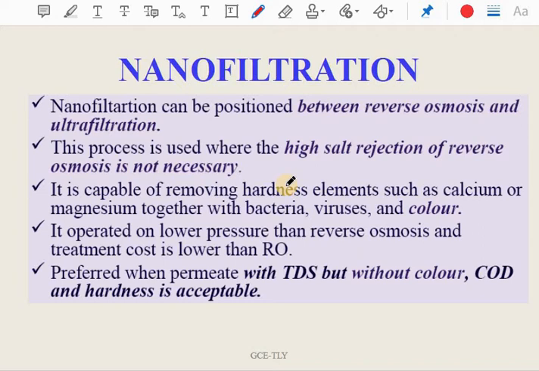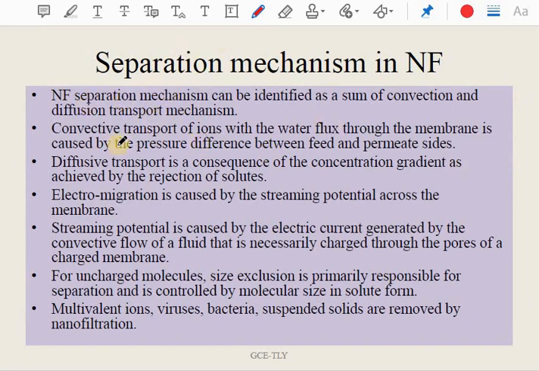It can be operated at lower pressure than RO, and the treatment cost is lower than RO treatment. It is preferred when permeate with TDS but without color is needed, and COD and hardness are also acceptable in the case of nanofiltration. The nanofiltration mechanism can be identified as a sum of convection and diffusion transport mechanisms.